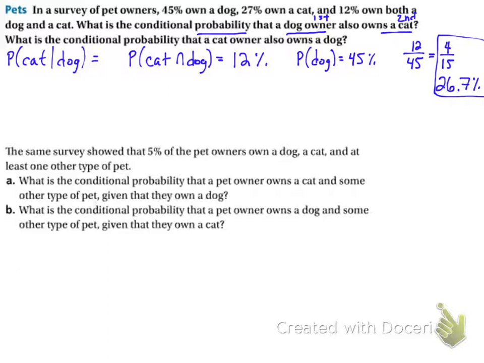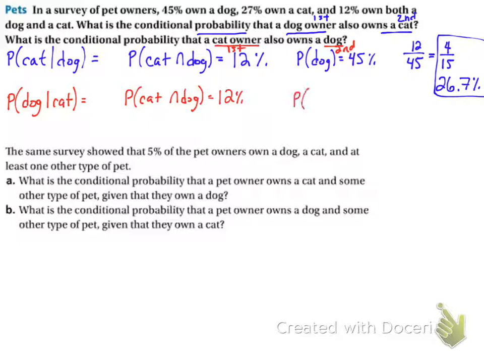And then with the second one, I want to find the probability that a cat owner also owns a dog. Again, cat owner is going to be the thing that I care about first. Dog is what I'm going to care about second. So the probability is like backwards of each other. So probability that someone has a cat and a dog is still 12%.